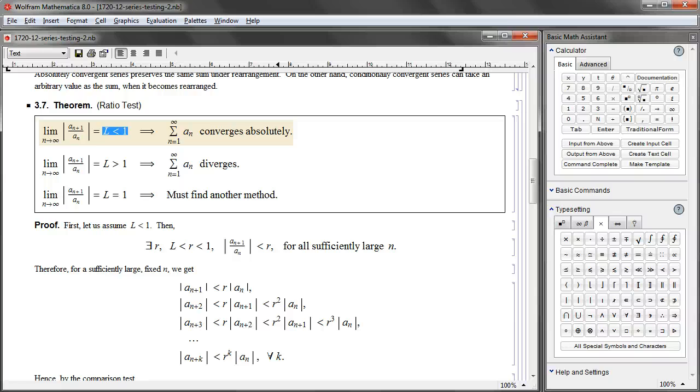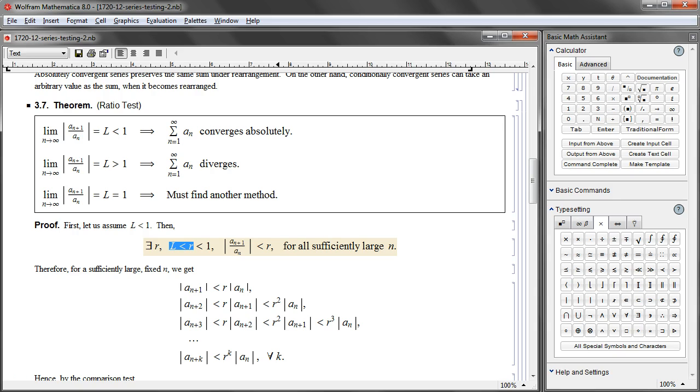Actually, what we can do is insert a certain number r between L and 1, and when n is sufficiently large, this quantity is sufficiently close to L so that this one is less than r. I cannot say this one is less than L because some of them may be bigger than L, some of them may be less than L, but they're all very close to L, consequently less than r, because L to 1 is actually a non-trivial interval.